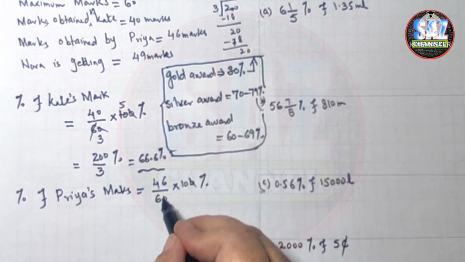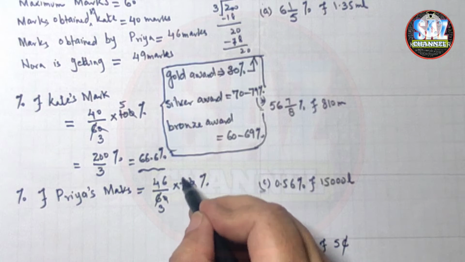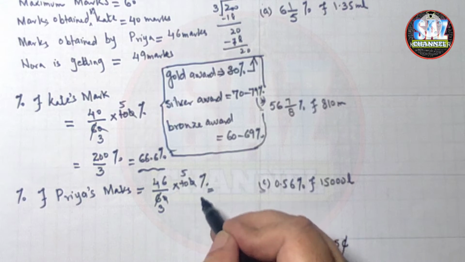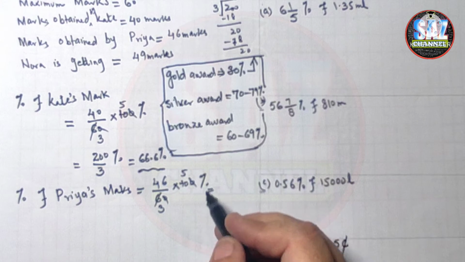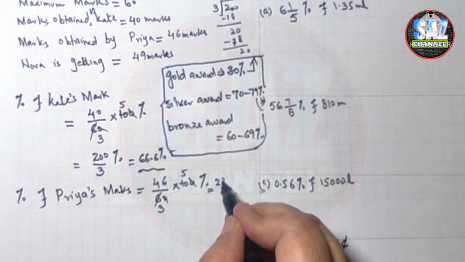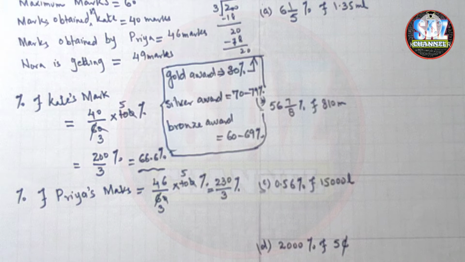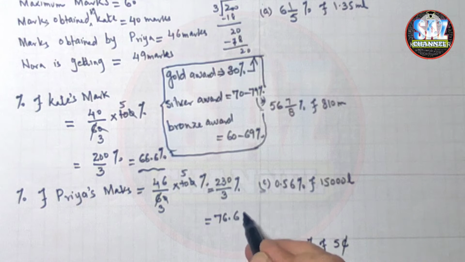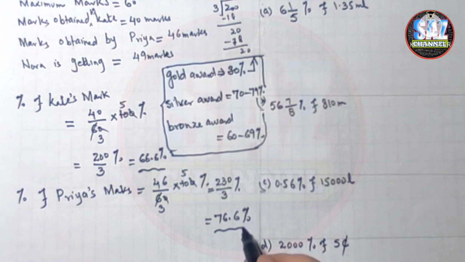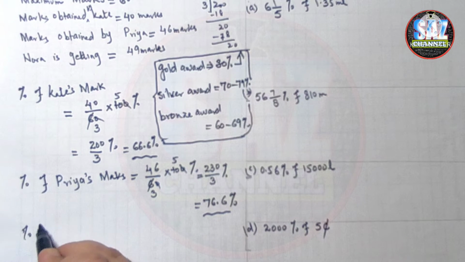Now this goes with this again, 2 3s are and 2 5s are, and this becomes 46 times 5, which is 230. 230 by 3%, and when I divide 230 by 3, this is 76.6%. Lucky one. And then the percentage of Nora's marks.